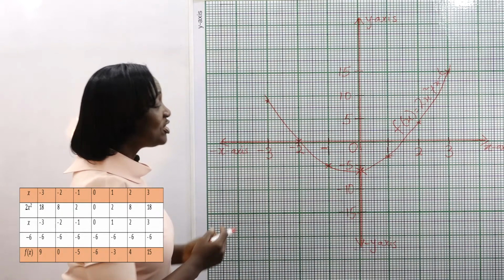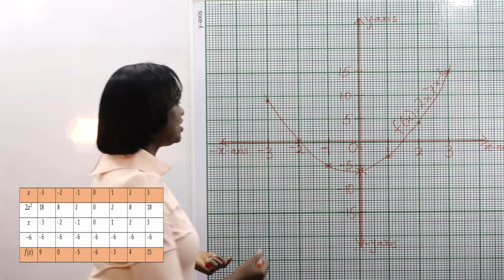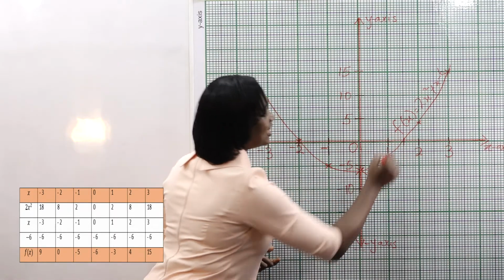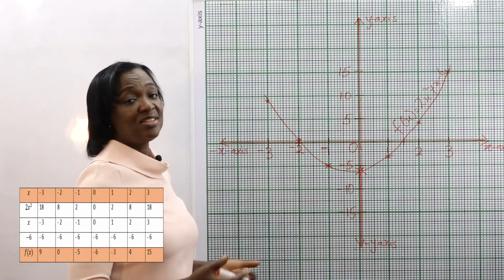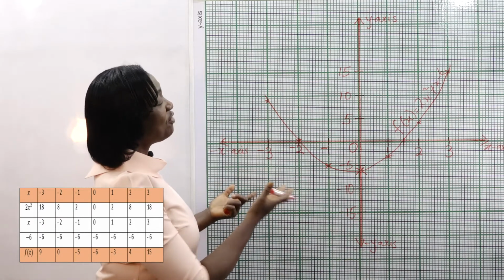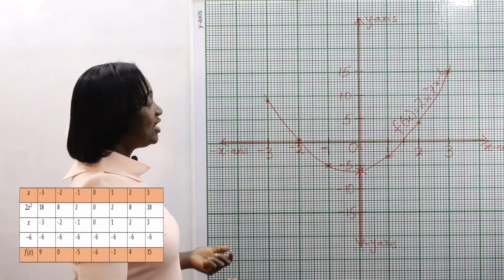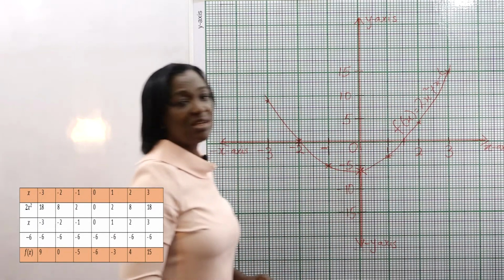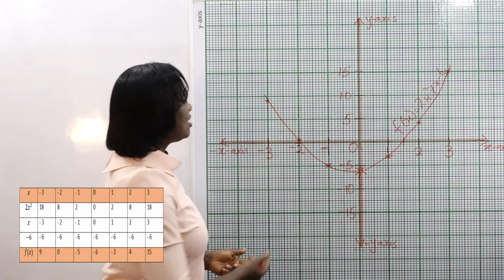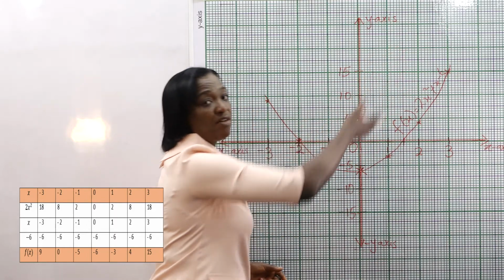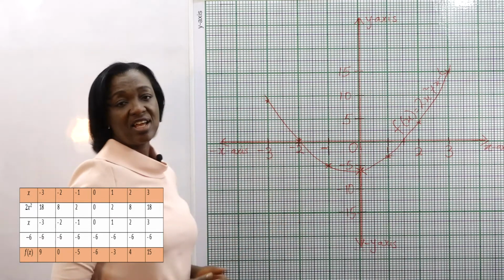The solution of this graph is at the point where the graph intersects the x-axis. Assuming we are told to solve graphically, f of x is equal to 2x squared plus x minus 6. The graphical solution are the values of x where the graph or the curve intersects the x-axis.